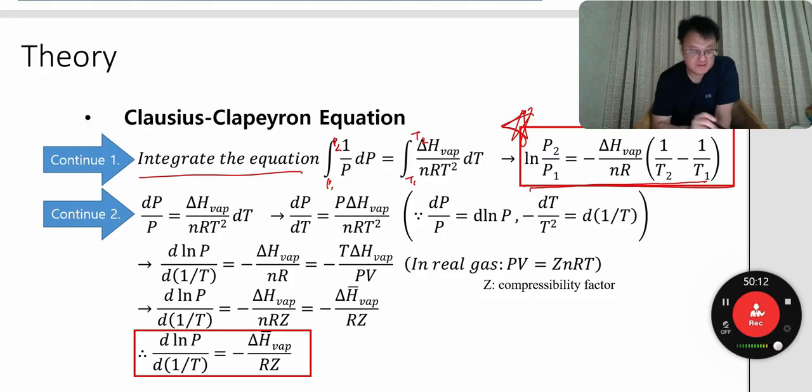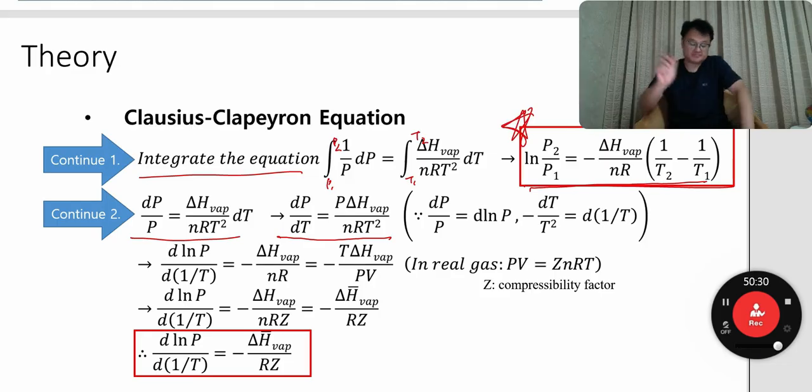But on the other hand, what you can do is dP over P equals delta H of vaporization over RT squared dT, okay, and then this can be rewritten like this, and there is some rearrangement you have to consider, right?